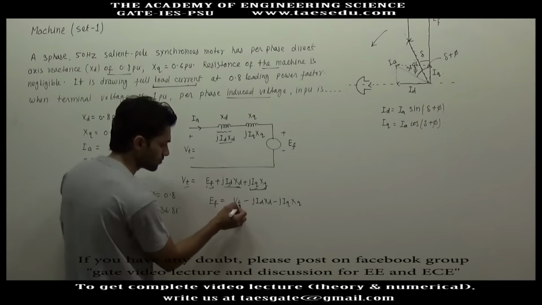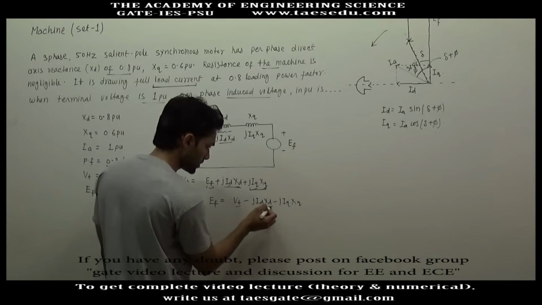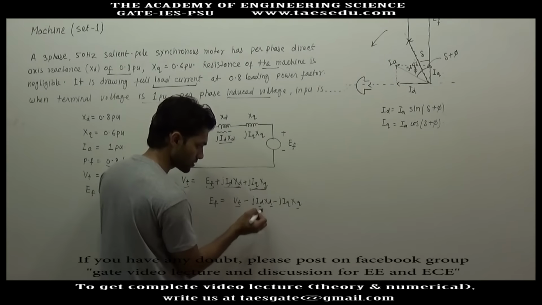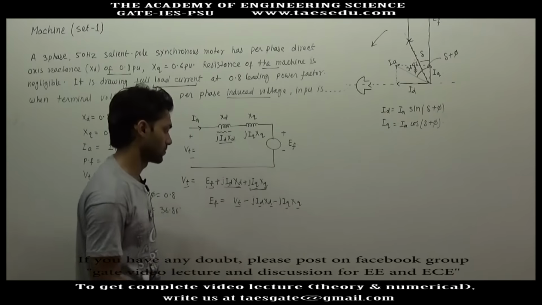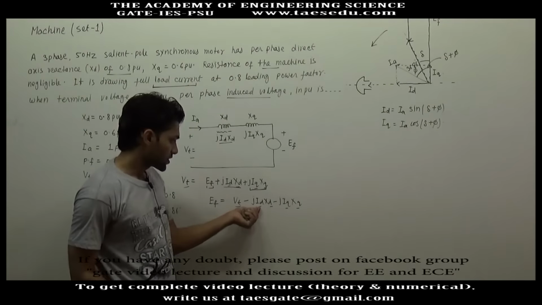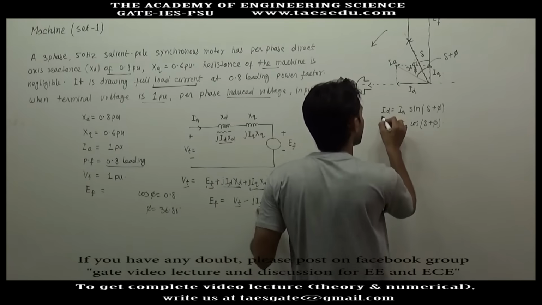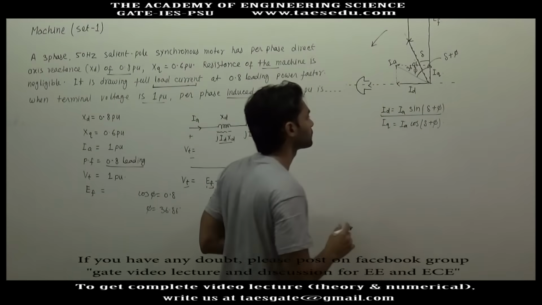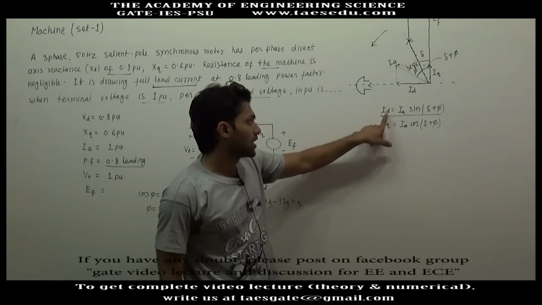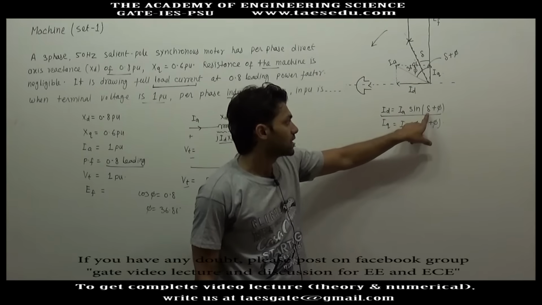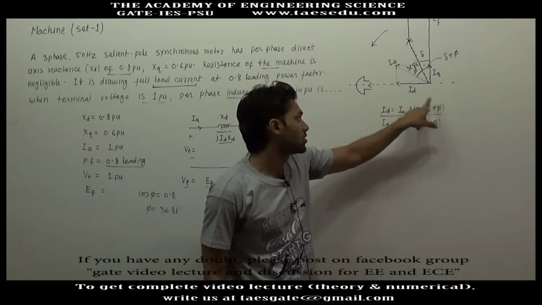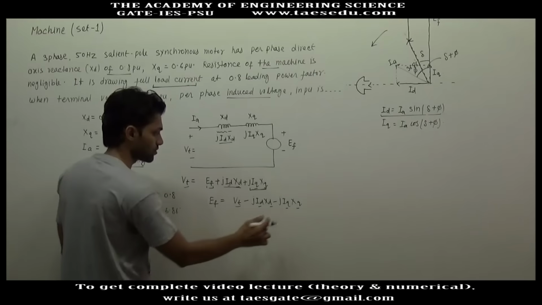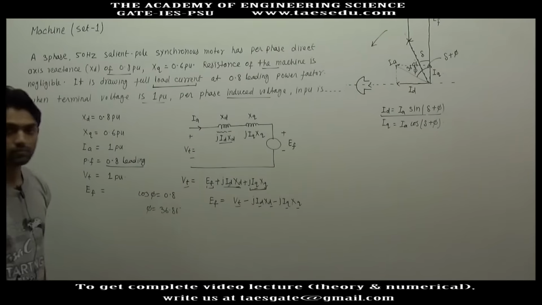Again, Vt is known, Xd is known, Xq is known, Id is not known, Iq is not known. But we have a relationship between Id and Ia. So can you find out Id with this relation? For finding out Id, Ia is known, but delta is not known. So we again have an unknown here. So again we cannot use this equation to solve for EF.